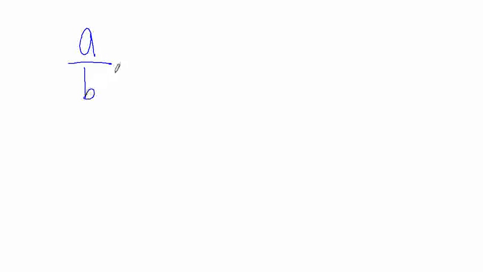If A over B is equal to C over D, then that corresponds to saying that the product of A and D is equal to the product of B and C. If you look at the proportions that I listed, you will see that this property is always true.